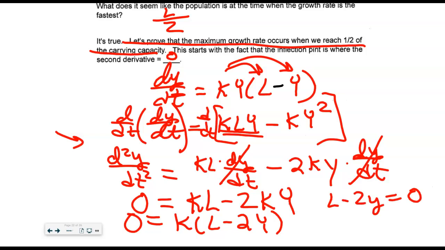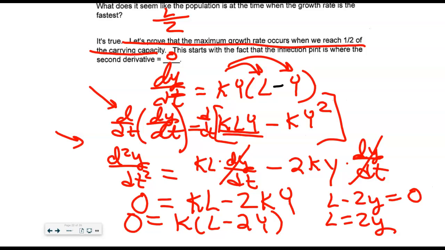And remember, we're trying to figure out what the size of the population is when it is growing the fastest. It's growing the fastest when its second derivative is 0. That would mean L has to equal 2y. So his guess was correct, right? So what is the population, no matter what, when the population is growing its fastest? Half of the carrying capacity, right?